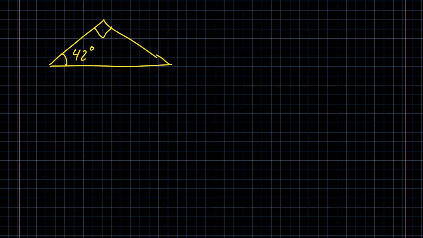The last thing that we need is the length of one of the sides of the triangle. It doesn't matter which one, but we need one of them. I'm going to go ahead and give us this side right here as 32.6 millimeters.